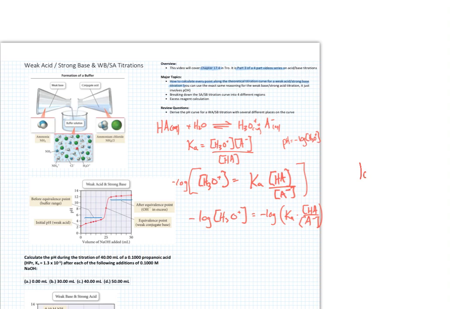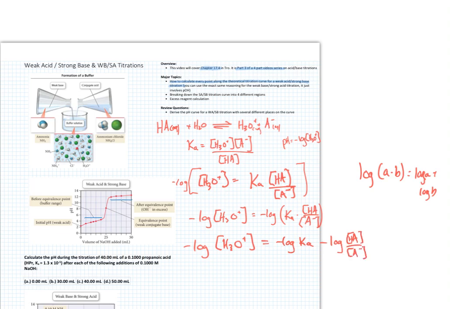Recall from your properties of logarithms, the log of A times B is equal to the log of A plus log of B. All right, so this is going to be negative log H3O plus is equal to negative log of Ka minus the log of the concentration of HA divided by A minus.